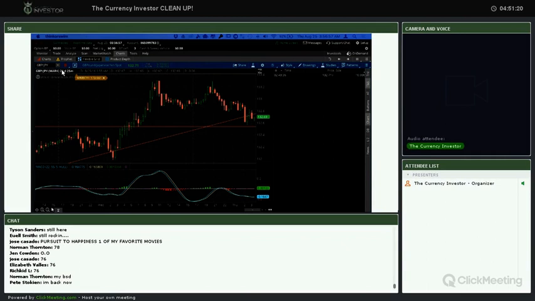We got a hammer. Is it forming into a hammer yet?